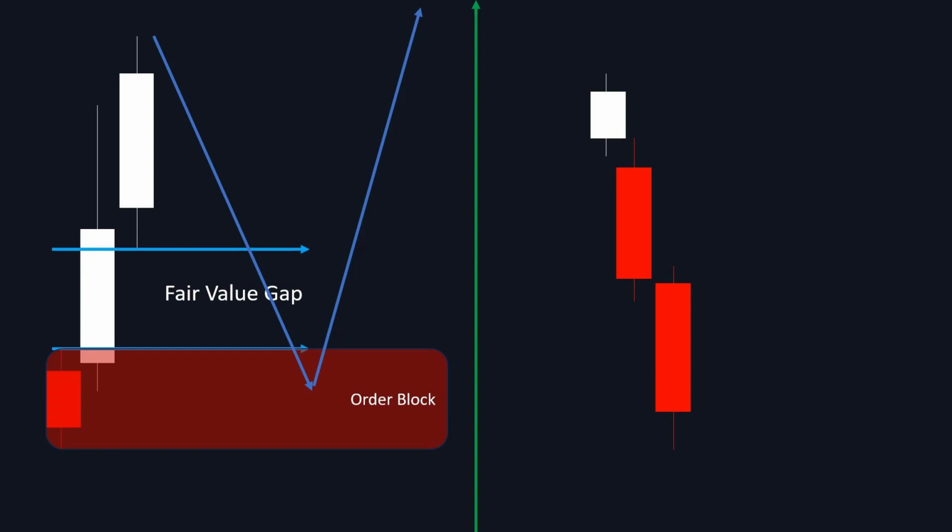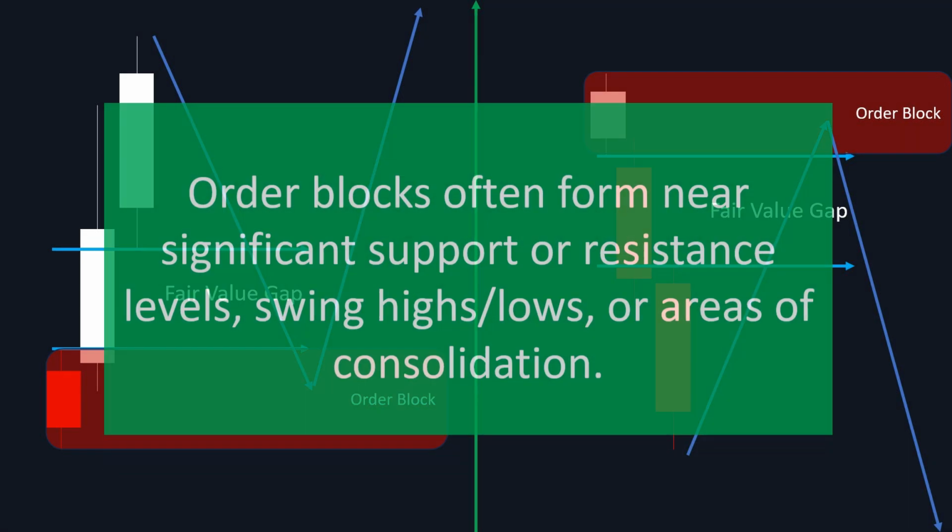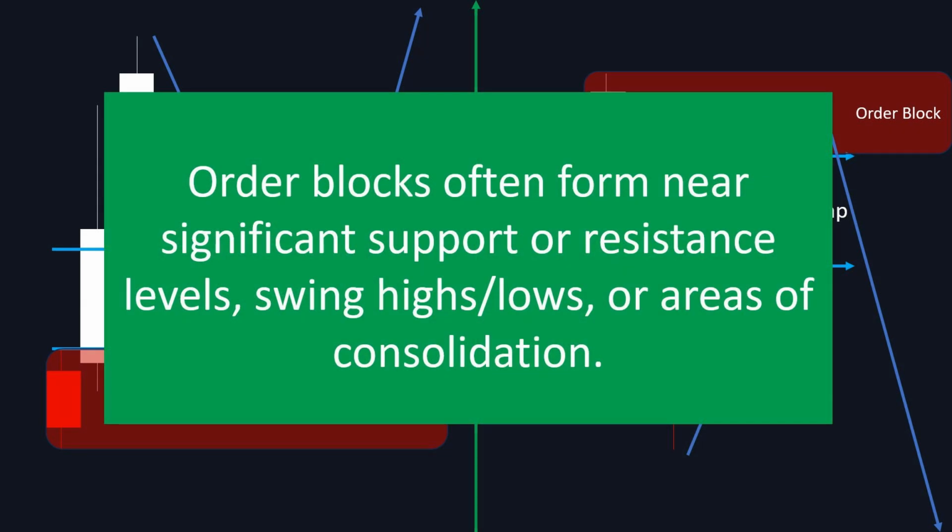Price often makes a sharp move to the downside, leaving a clear imbalance, also called a fair value gap. For a bearish order block, identify the last bullish candle before a sharp downward move. Price frequently revisits the order block, offering trading opportunities. Order blocks often form near significant support or resistance levels, swing highs or swing lows, or areas of consolidation.